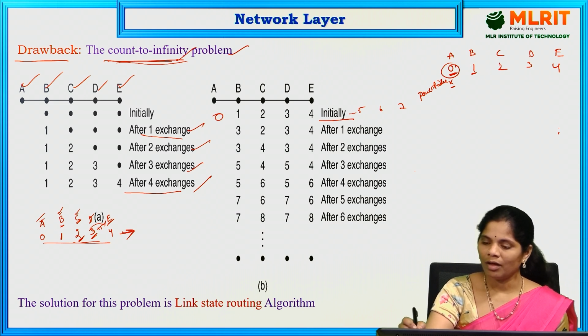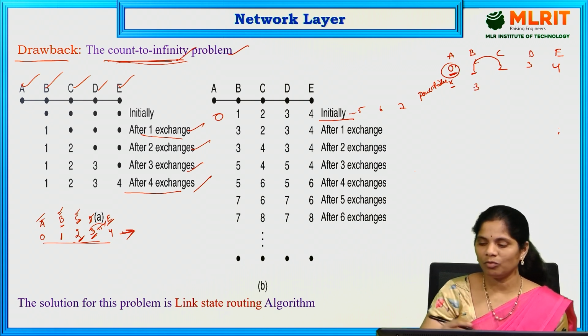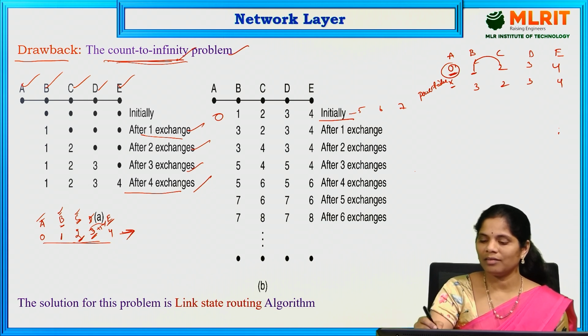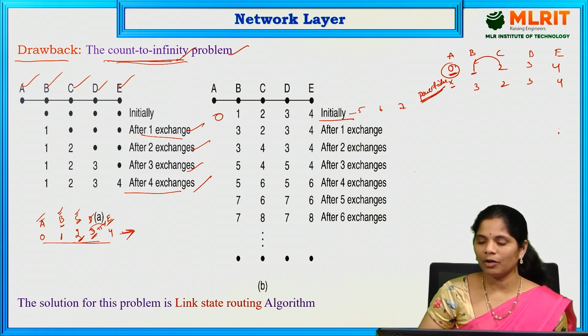It takes the update from C, which says 2. So B becomes 3, since 2 plus 1 is 3. B is updated, so it is 2, 3, 4. The main reason is that because of the power failure, it is assumed wrongly.